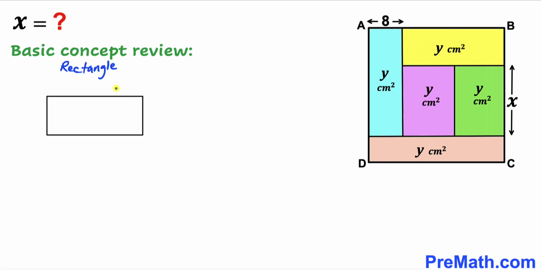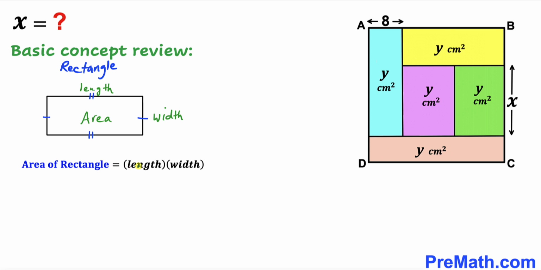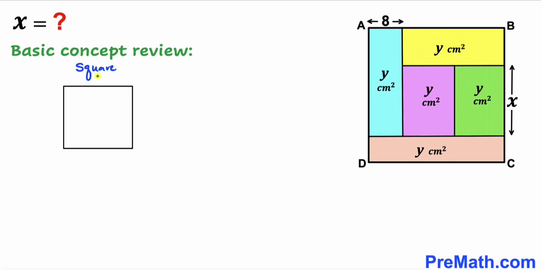And now let's focus on this given rectangle. All of its interior angles are 90 degrees each. And these opposite side lengths are congruent. These two side lengths are congruent, and these side lengths are congruent as well. Area of this rectangle is going to be equal to length times the width. And now let's focus on this square.